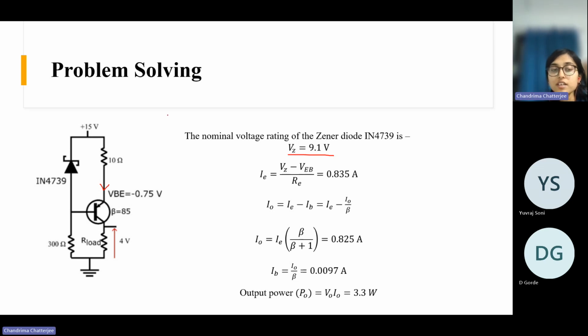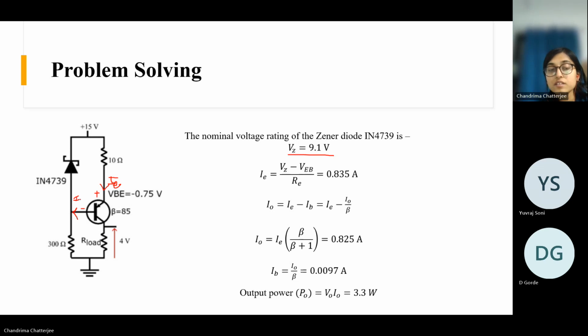What is this current? This is Vz minus VEB. So this is a PNP transistor. So this is the VEB drop. This is IE, the emitter current.